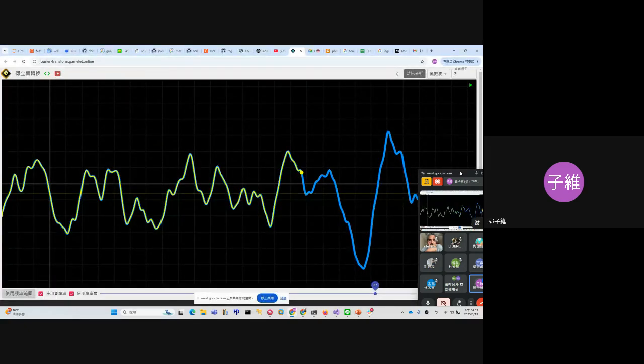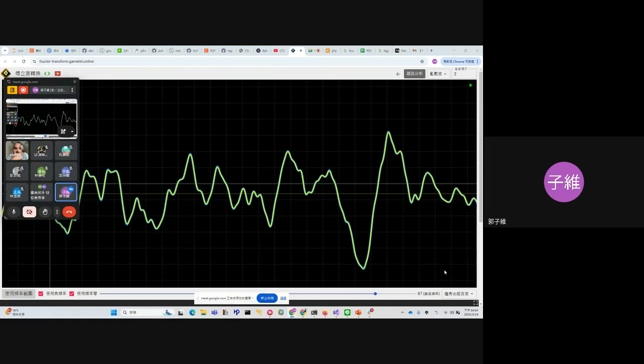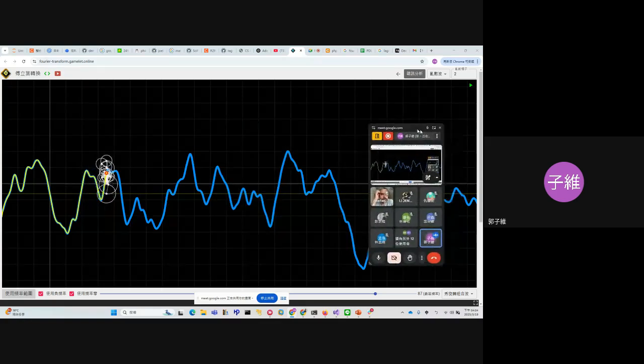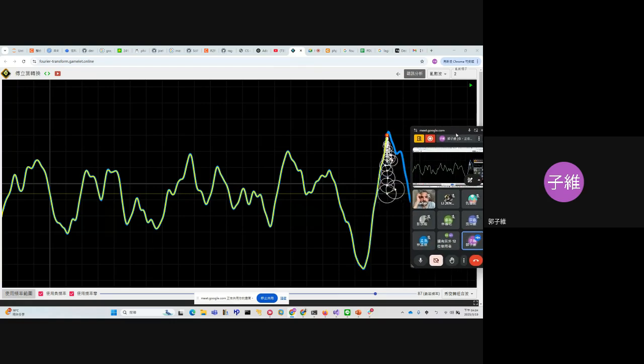I know this is not very easy to understand, but this is what I mean. We have all these sine and cosine waves, but we can represent them using circles, right? And we can just stack them up together and get this visualization.